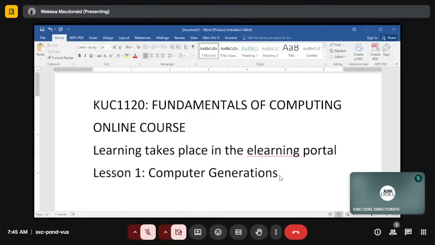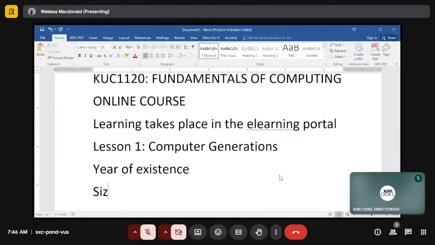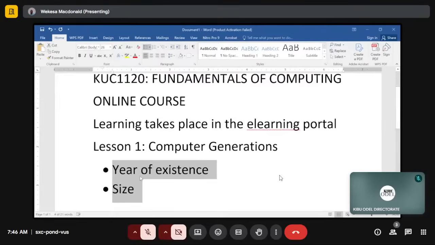We have mentioned items that you should consider: the year of existence, and also you should be able to mention the size. These are some of the items you are supposed to know when you are mentioning a generation of computer.